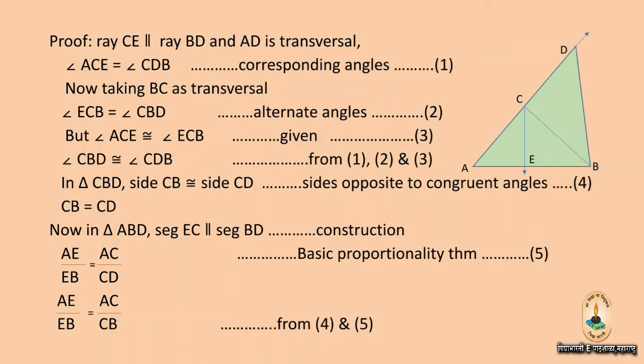Now consider the triangle ABD. Here segment EC is parallel to segment BD by construction, and hence by the basic proportionality theorem we have AE upon EB equal to AC upon CD, but CD equal to CB, and therefore AE upon EB equal to AC upon CB from 4 and 5.